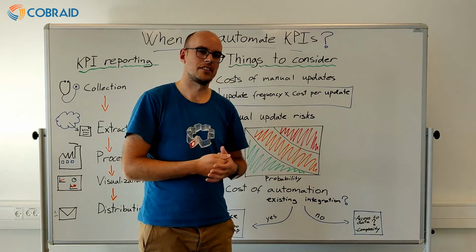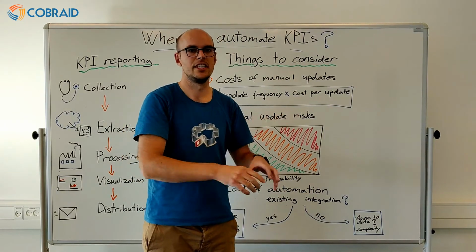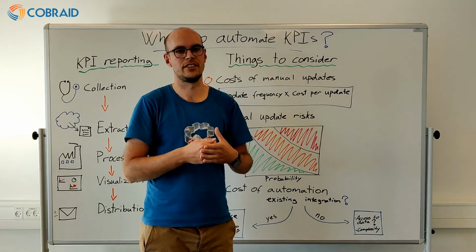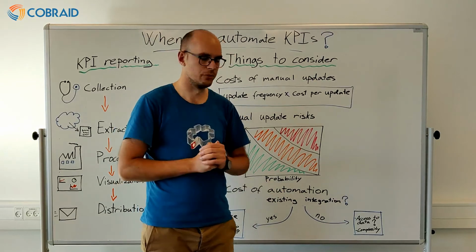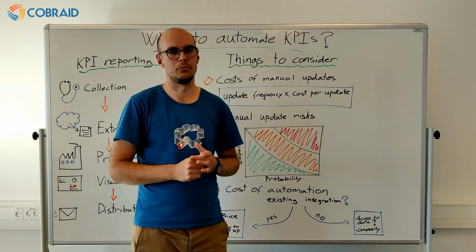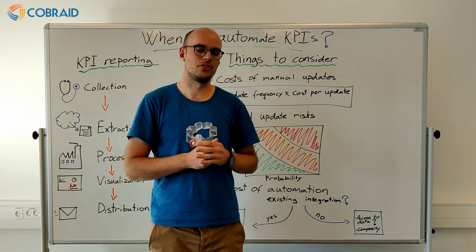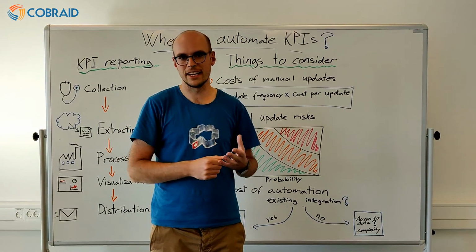Is it a very complex task to transform the data we have from the state it is in to the state we need for the KPIs? Then that might also add to the time spent on this new integration, which means that the cost will be higher. So those are the things that we think you should consider when you consider doing some KPIs automatically.